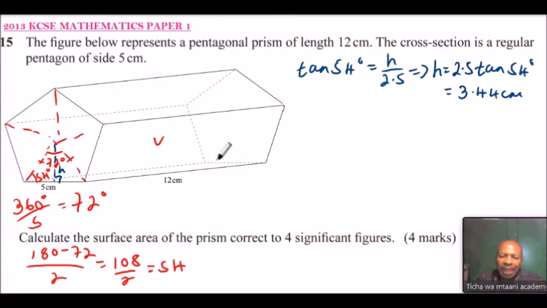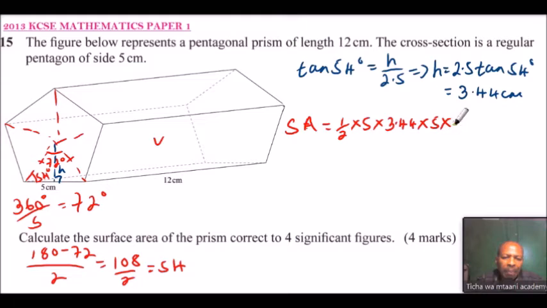Now that we have the height, we can get the area of the triangle. In fact, we can combine the whole of this and say the surface area is equal to the area of one triangle. So it is a half, base is 5, times height, which we have found is 3.44. That is the area of one triangle. We multiply by 5, so that will give us the area of the 5 triangles.